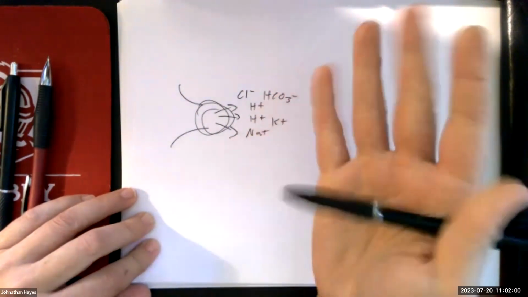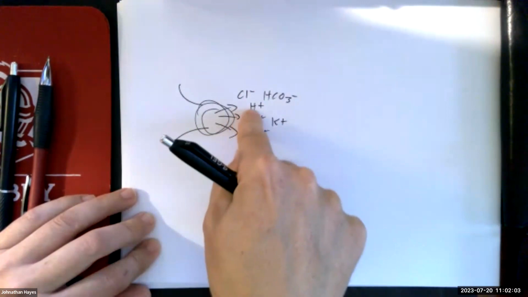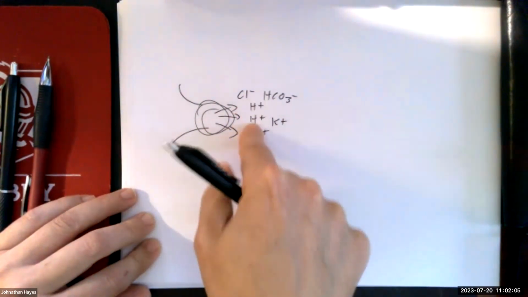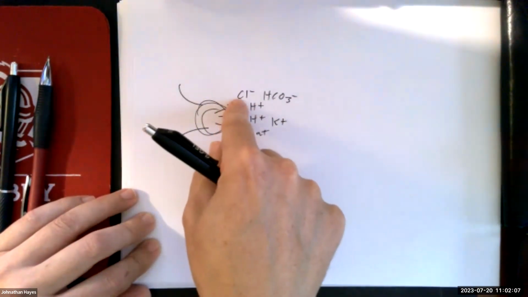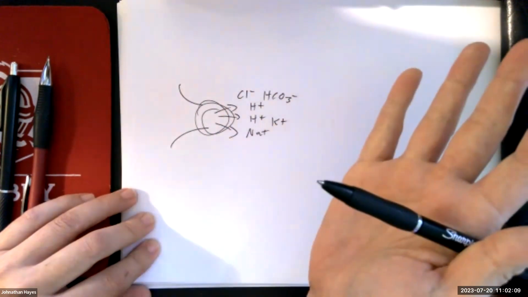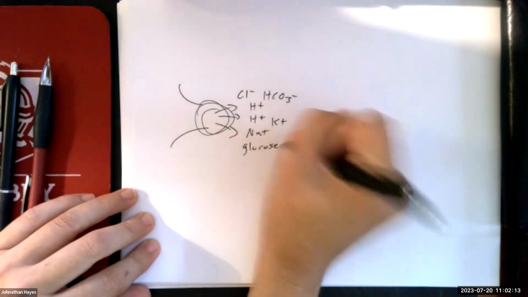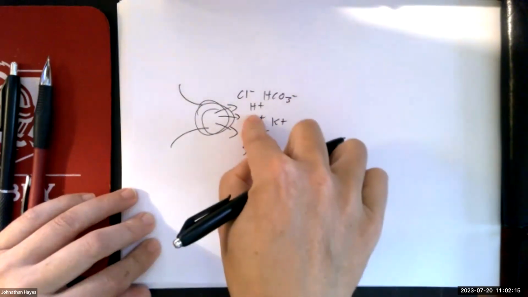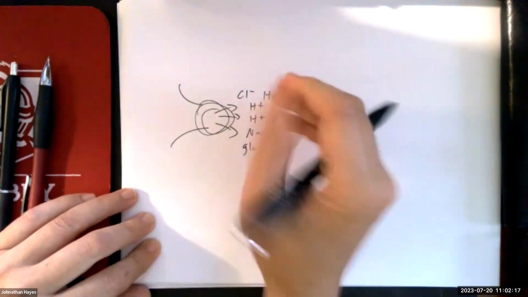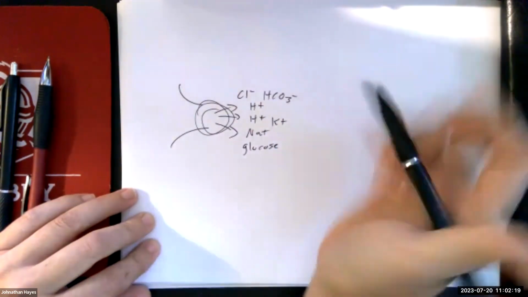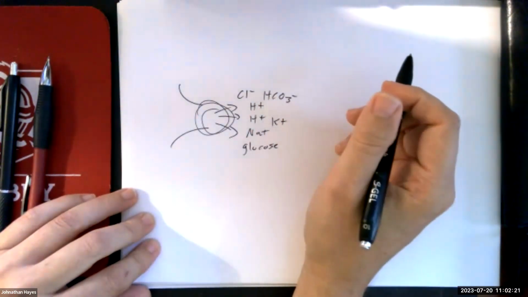Those are all small things. Electrolytes, of course, are small. We're talking about individual atoms that have lost or gained an electron. So they're going to be filtered out. We'll filter out glucose. Glucose is small. It's not as small as these things, but we're talking about 6 carbons, 12 hydrogens, 6 oxygens. That's pretty small to me.